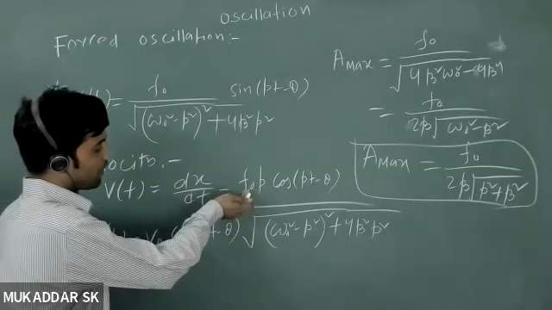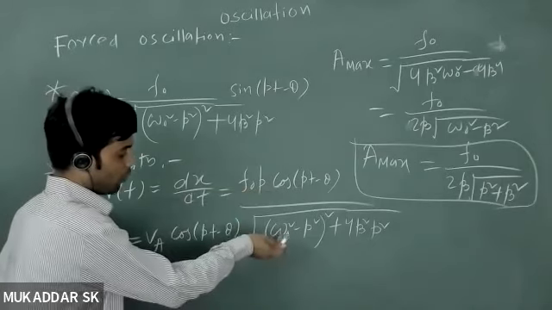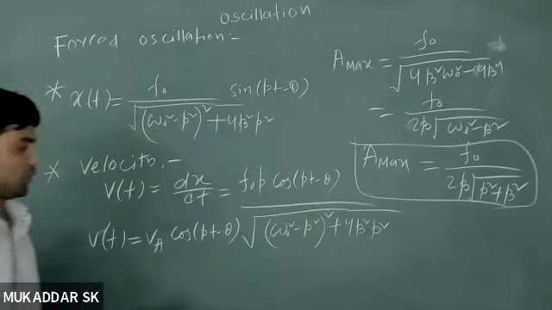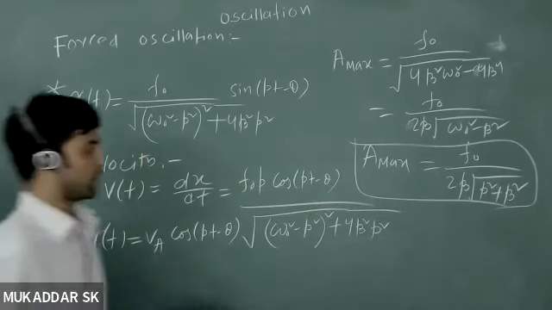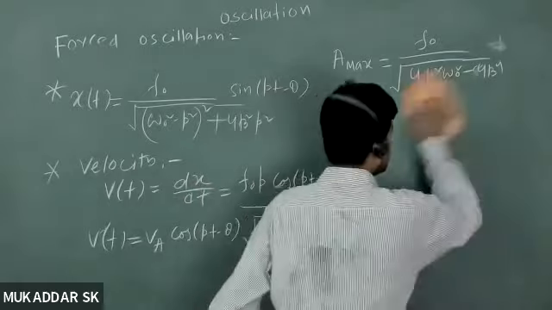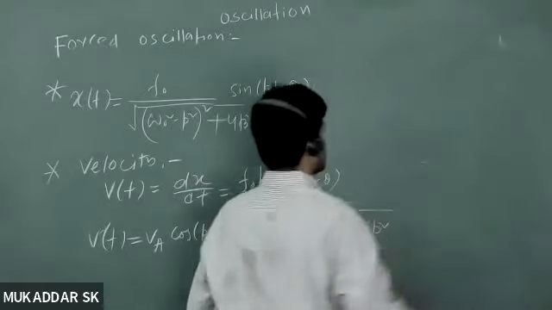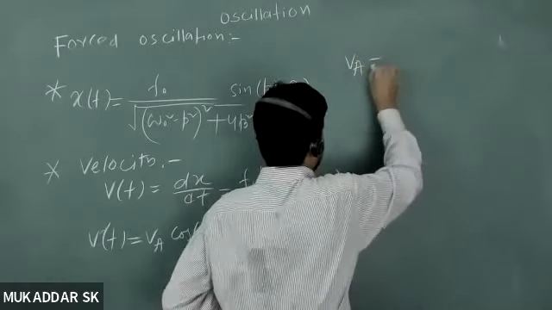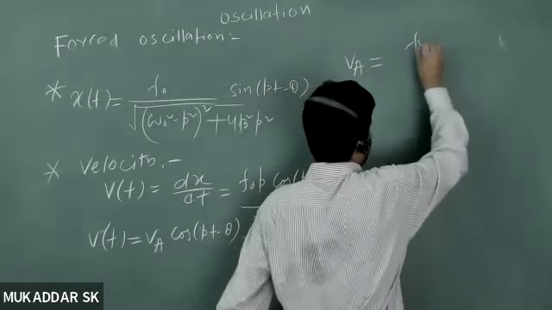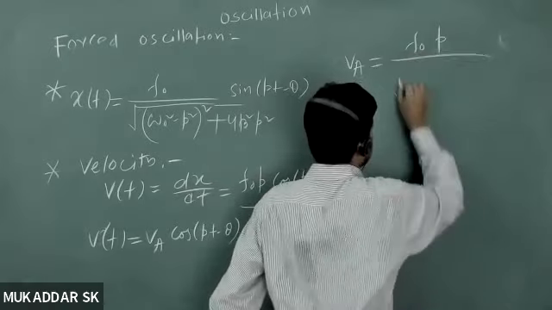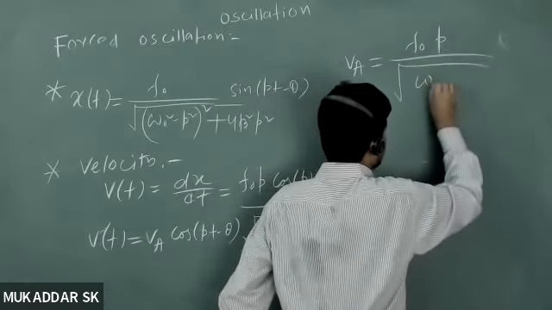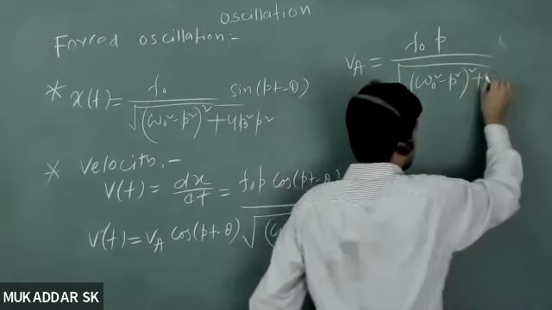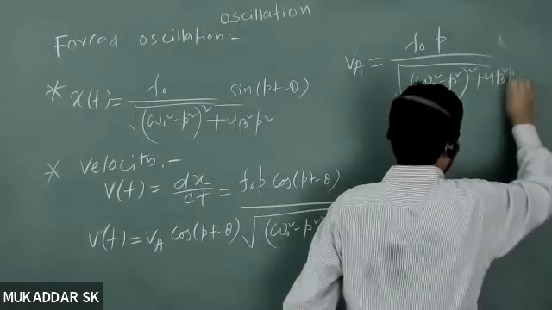Va will be simply f naught p divided by square root of omega naught square minus p square whole square plus 4 beta square p square, right?